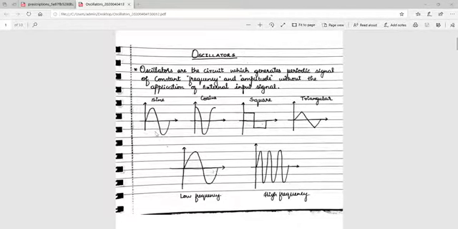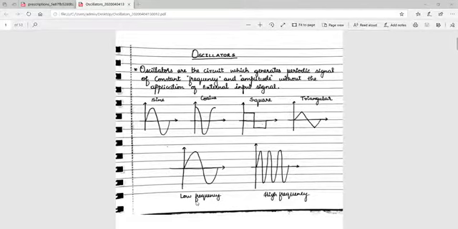So the different kinds of oscillations we can produce include a sinusoidal wave. In sinusoidal you will have both sine and cosine, and the other types are square, rectangular and triangular waveforms, which will look like this. So these are the different kinds of oscillations you are seeing.